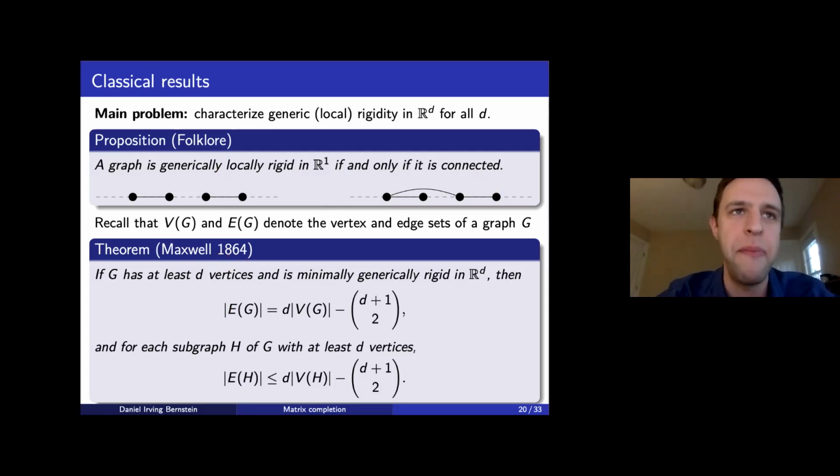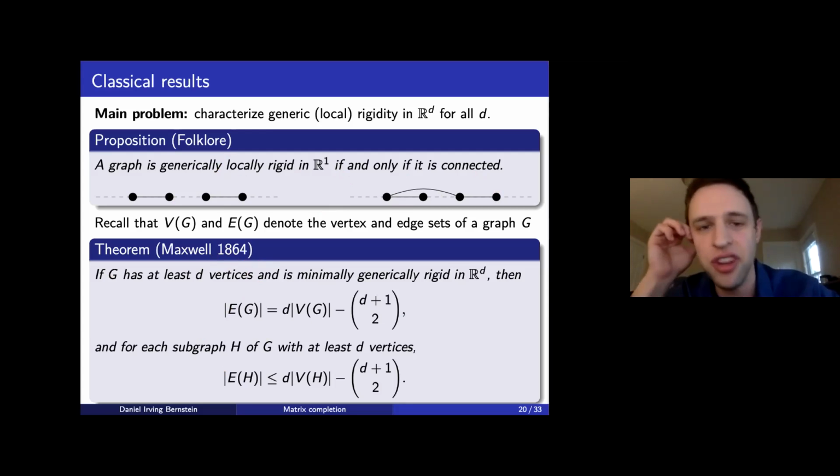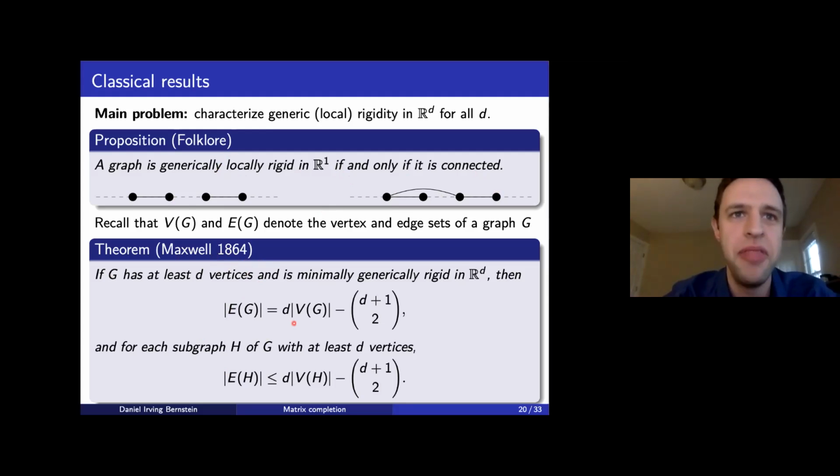Maxwell, the same Maxwell of Maxwell's equations, has a theorem that says that if G has at least d vertices and is minimally generically rigid in R^d, then the number of edges is exactly d times the number of vertices minus (d+1 choose 2). And for each subgraph with at least d vertices, the number of edges is at most d times the number of vertices minus (d+1 choose 2).